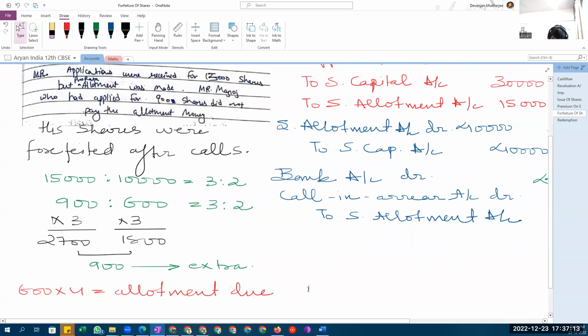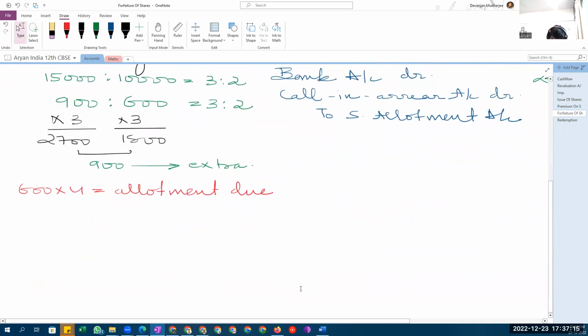But out of that, he has already given us 900 earlier. So minus 900, this is the unpaid amount, which is 2,400 minus 900.